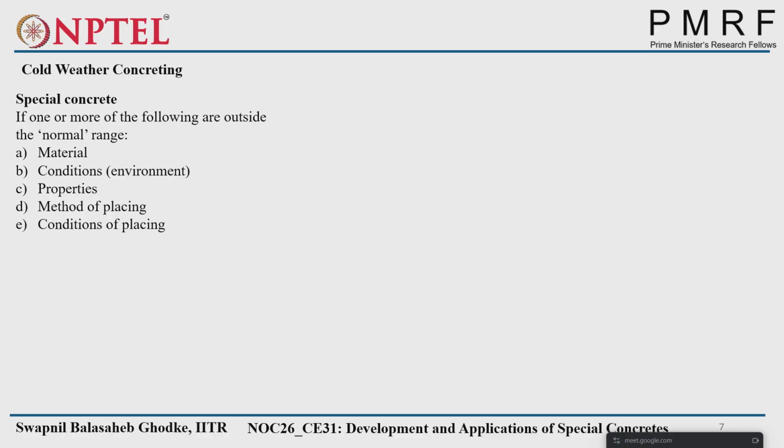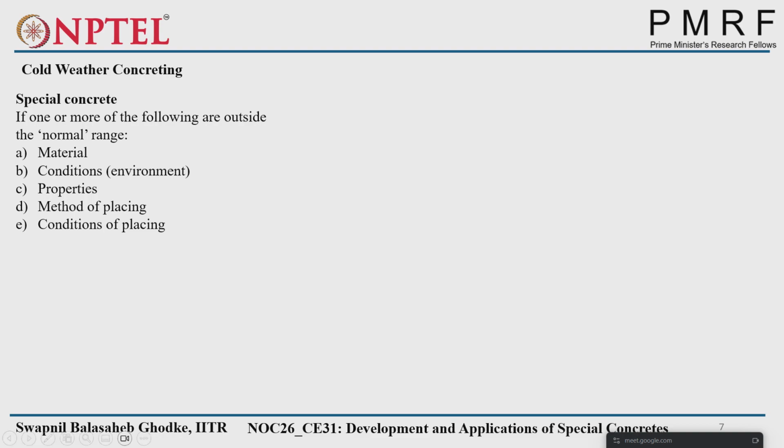First of all, we'll see why any type of concrete is called special concrete. Any idea? We have the normal concrete, right? Which has given certain conditions according to any type of code, like Indian Standard IS 456. It gives the highest amount of cement content and maximum water cement ratio we can use, from the strength perspective and the durability perspective, right?